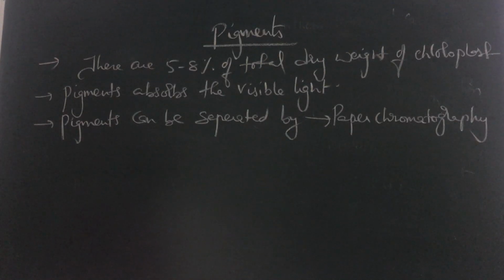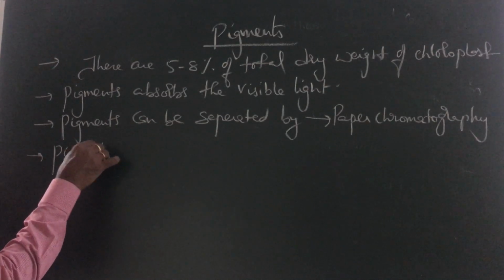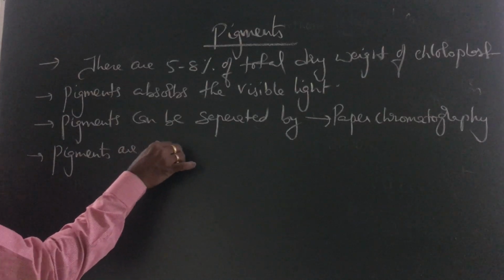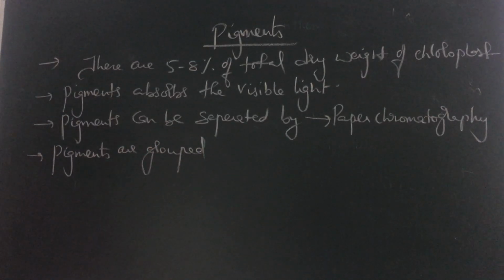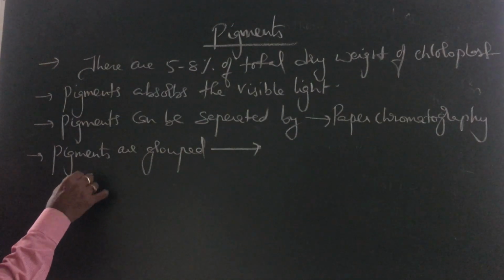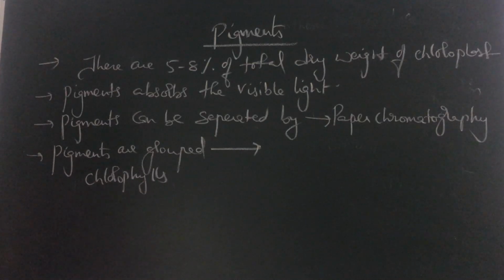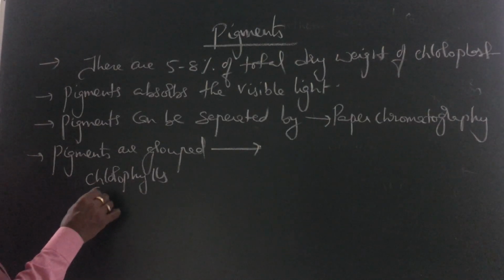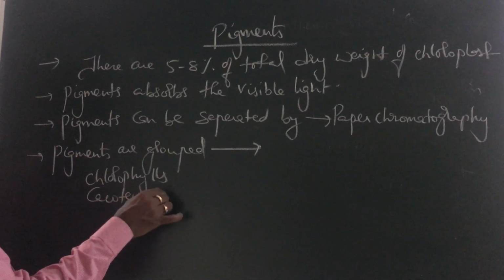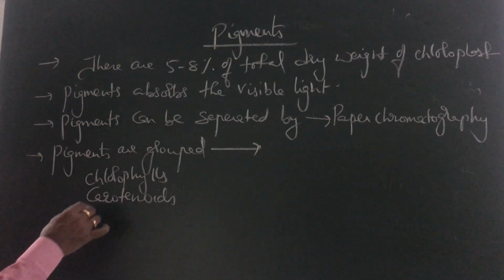These pigments are grouped as chlorophylls, carotenoids, and phycobilins.